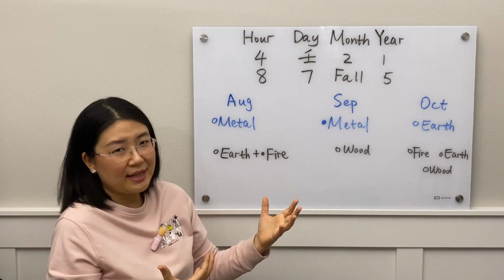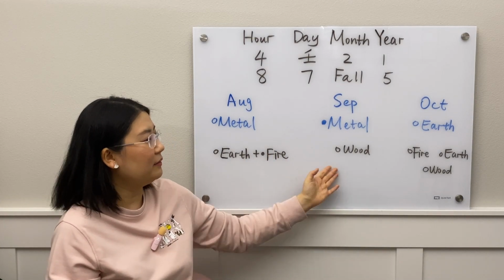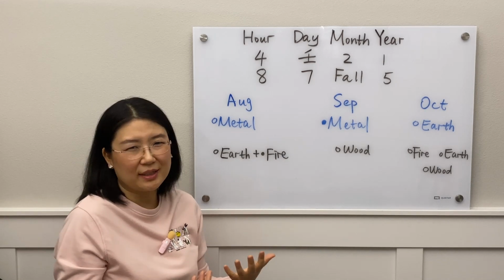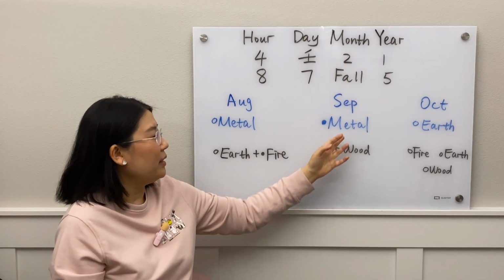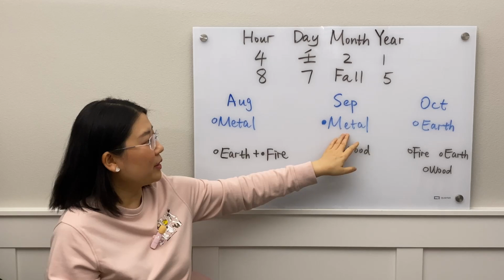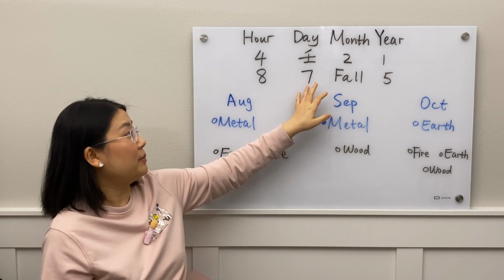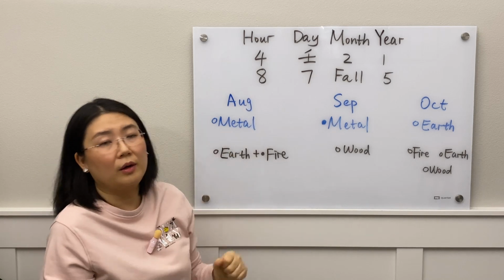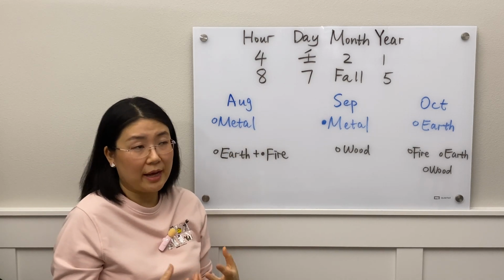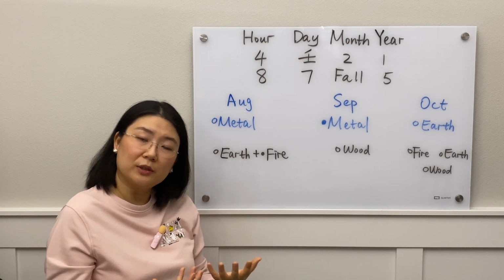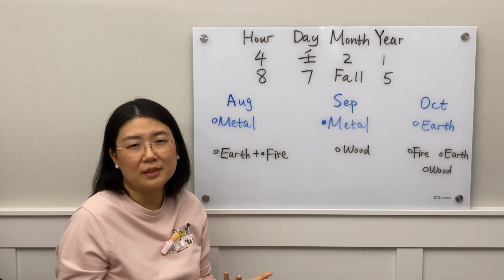But with that said, this is not the very templated, strict answer. Let's say your birth month is September, right? Which is a yin metal. However, if position number 7, 8, and 4 are all metal and water type of element, then what would you want to see?